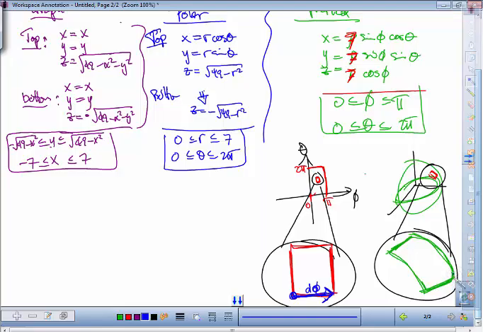And being translated to, I think the phis go this way, so being translated to another vector on the surface, and then a d theta vector over here being translated to another vector over here.